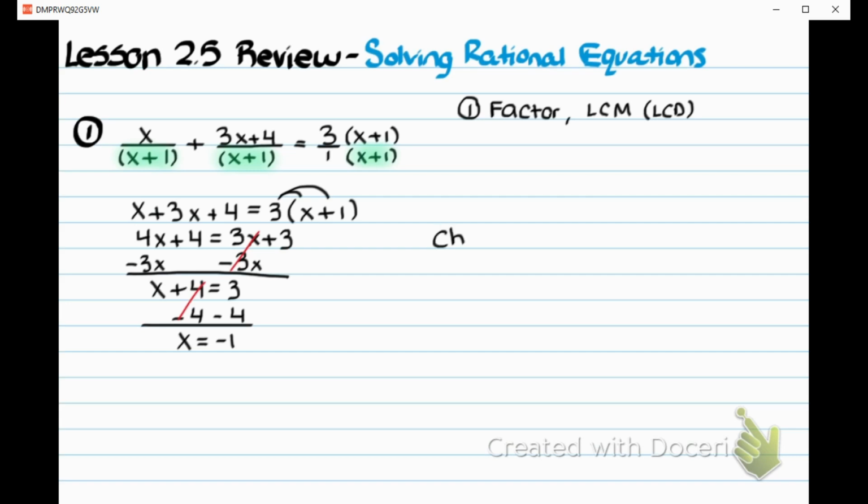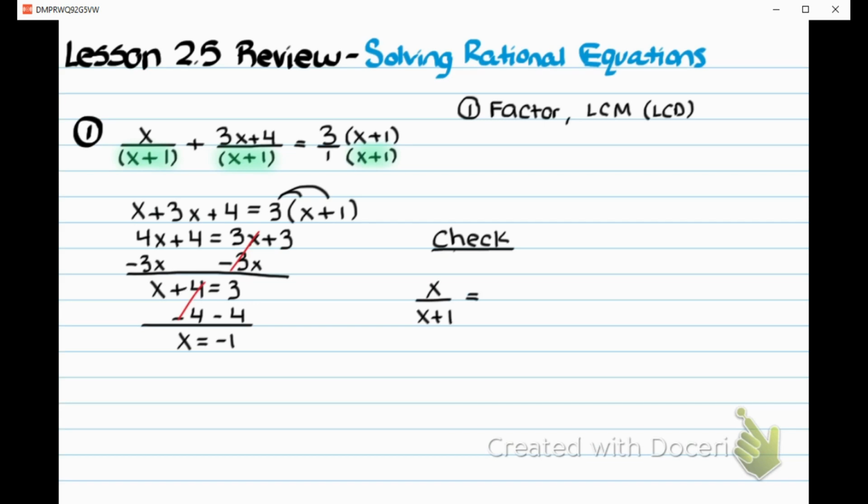Really the only thing you have to do when you're checking it is make sure it works in the denominators. Okay, so if I tried to plug in -1 into any of the denominators, let's just try the first fraction. So I have x over x plus 1.